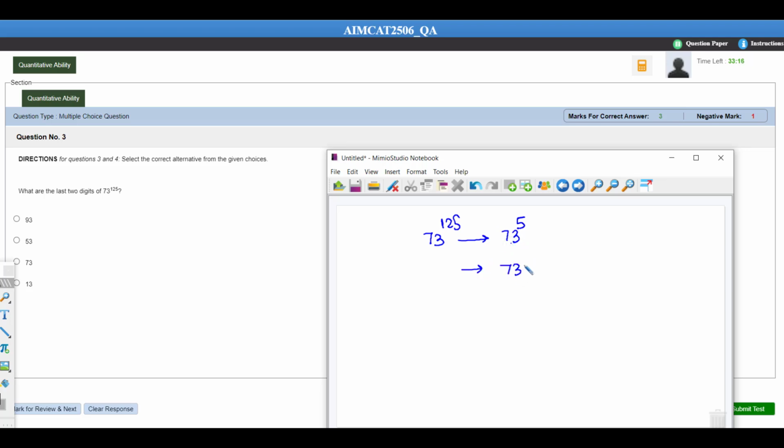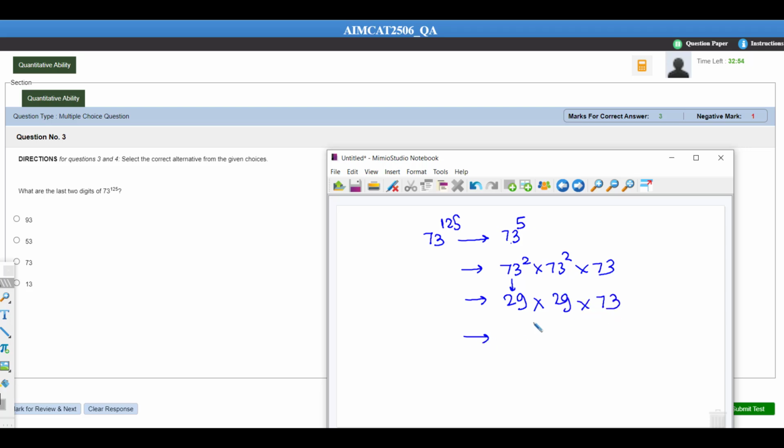We can write this as 73 squared into 73 squared into 73. For 73 squared, the last two digits are 100 minus 73, that is 27 squared, which is 729. So the last two digits of 73 squared are 29.